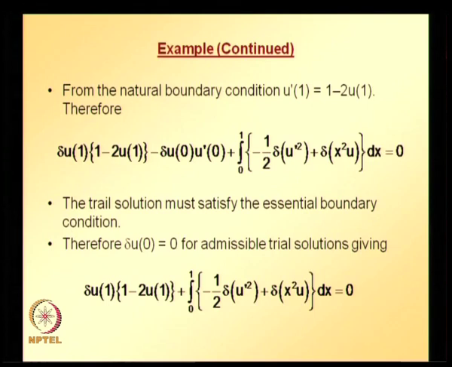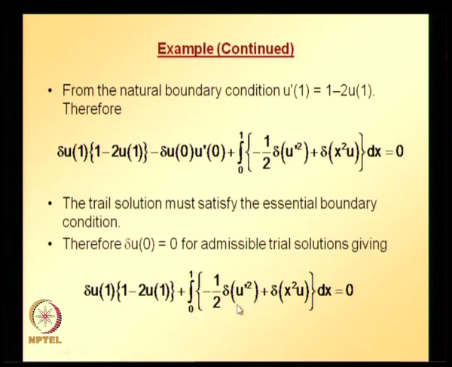So the second term appearing in this equation becomes 0, and you will be left with the first term and the third term, which is what is shown here in this equation. We cannot eliminate any more of the terms because no more essential boundary conditions are given, but we can use some variational identities to simplify this.